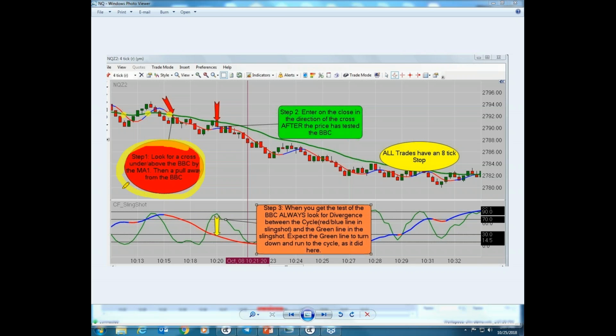That's the cross. Step number 1 lights the match. From this point on, I want you to be thinking color. If the MA1 is red and crossing the BBC, you're looking now for shorting opportunities. If the MA1 is blue and crosses the BBC, you're looking for bullish opportunities.